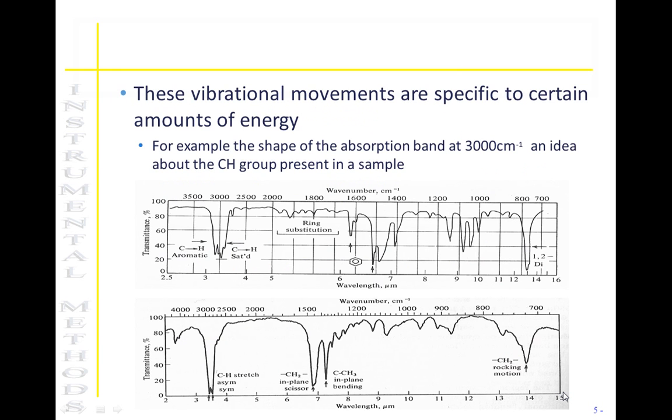However, these movements can also be classified and allow us to interpret data and identify different compounds. The vibrational movements are going to be very specific to a certain amount of energy that is applied to that sample itself. So, for example, the shape of the absorption band that is around 3000 can be different depending on the chemical component that is actually present.